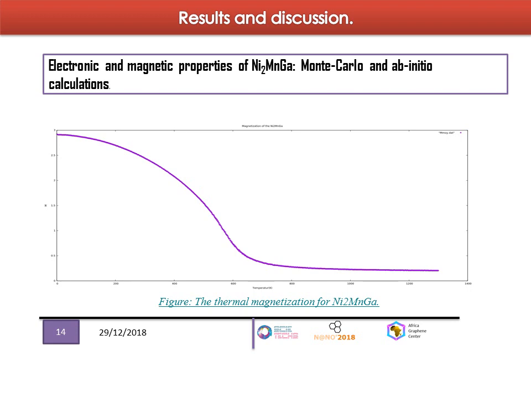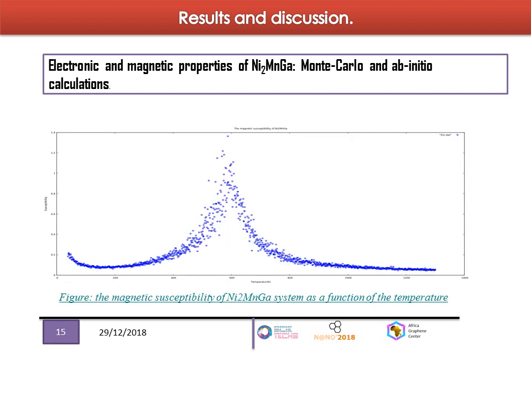The transition from the ferromagnetic phase to the paramagnetic one occurs at the Curie temperature Tc, which is 500 K. We present the magnetic susceptibility as a function of the temperature.